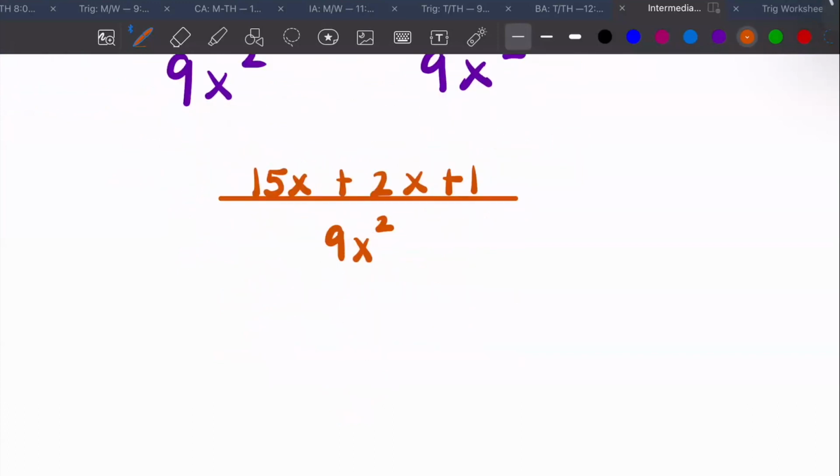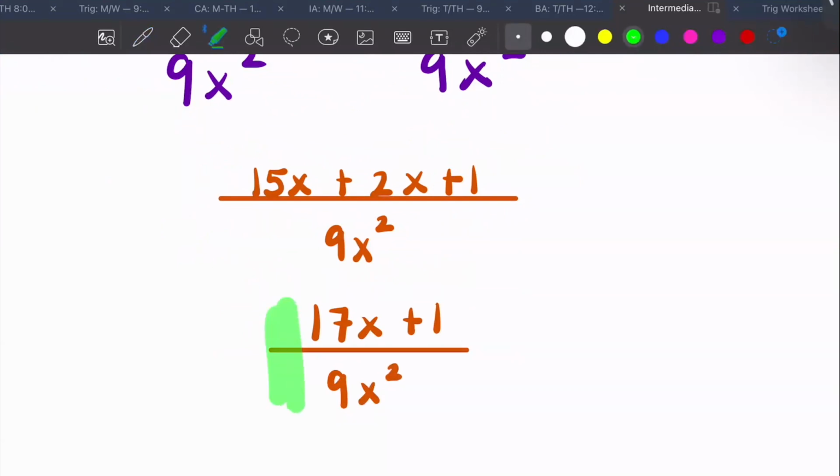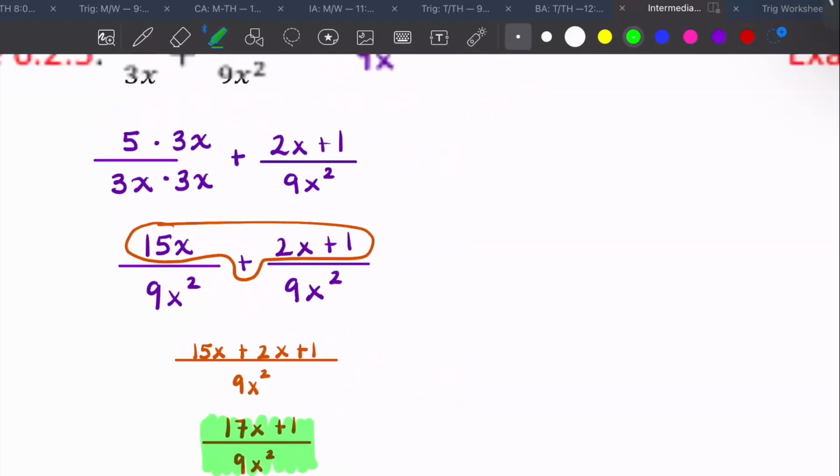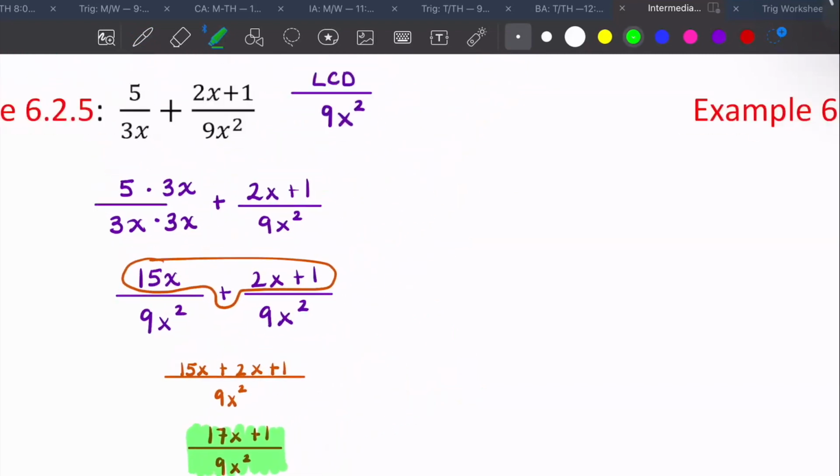Okay. Add like terms. Okay, and you're done. Okay, so this one was a little different because it was just numbers and it was just a monomial, so one term and one term. Okay, and we weren't adding anything, right? So we just made this term look like this one.